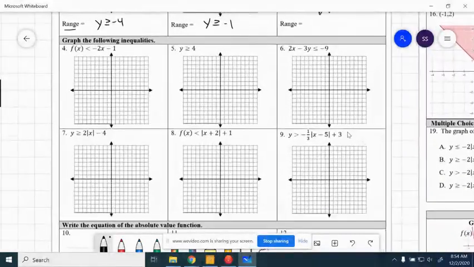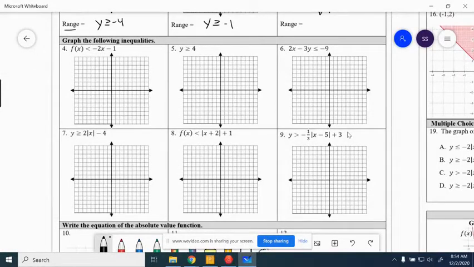All right, number 4 through 9, we're just graphing out these inequalities. So here we're going to plot this out just like a regular line. We're going to start on the y-intercept of negative 1, and we're going to be going down 2 over 1. We can also go up 2 over 1.